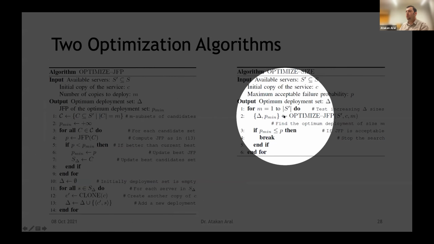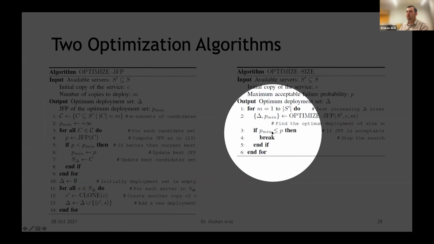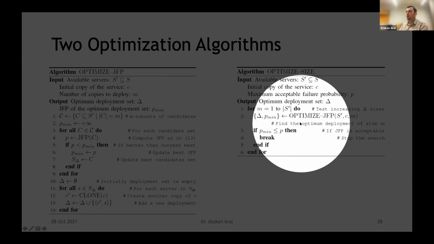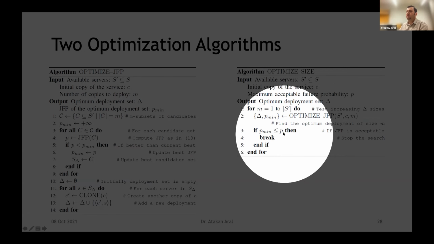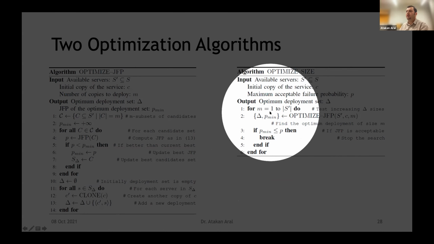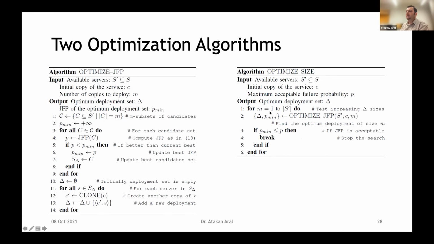If this value already satisfies the condition, then we return this solution. Otherwise, we increase M by 1 and try for 2 deployments. And if we find the optimum solution, not optimum, but acceptable solution, return it. Otherwise, increase to 3 and so on. So in this way, we will find the deployment with the minimum size. Again, this algorithm is brute force, and in practice, it's not possible to use it. But our goal is to show the maximum possible improvements.